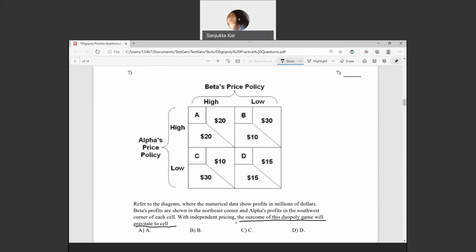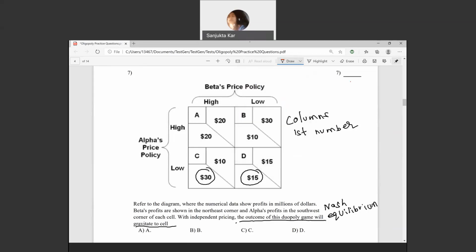So basically, I'm going to find the Nash equilibrium outcome of this game. You do it the same way, you compare the first number in each of the columns. Column 1, 30 is greater than 20. Column 2, 15 is greater than 10.